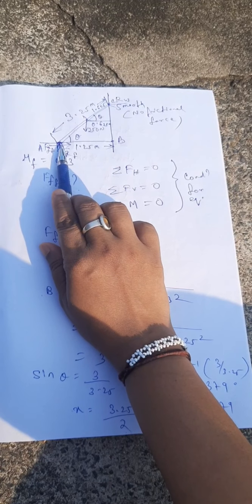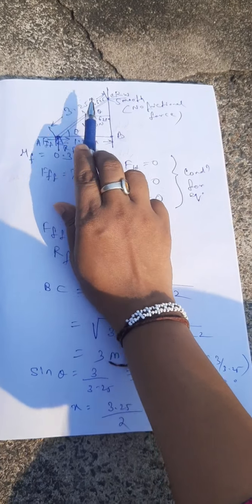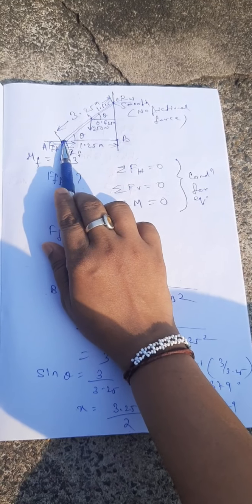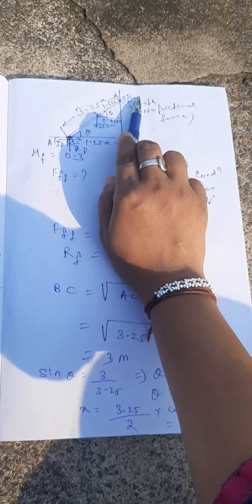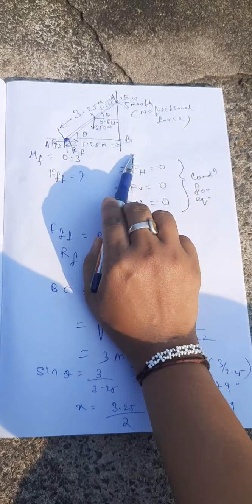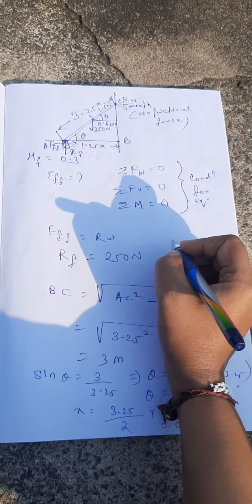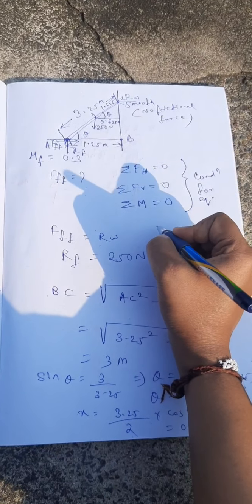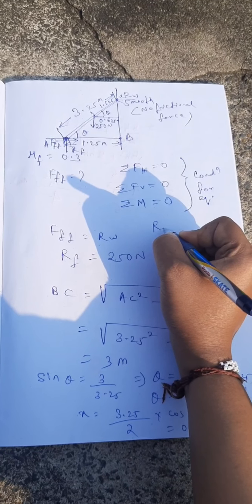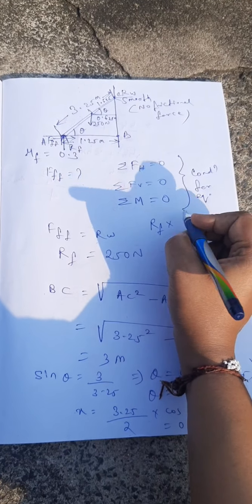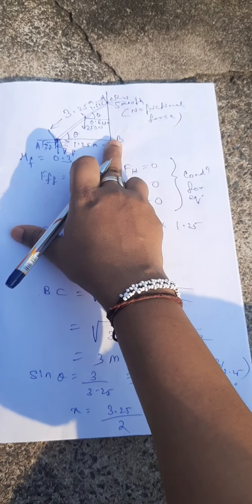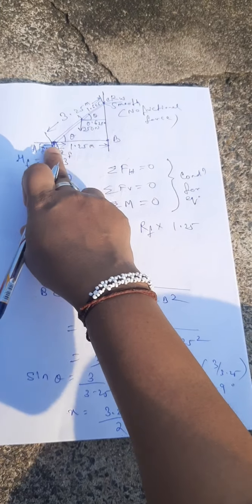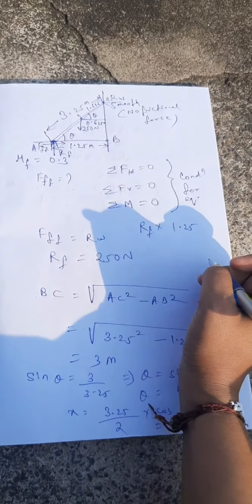If it tries to rotate this ladder about this point, how will it rotate? It will try to push it like this, so it is a clockwise moment. Let us take this as positive. So RF into 1.25, that is the perpendicular distance between the moment center and the line of action of this force.